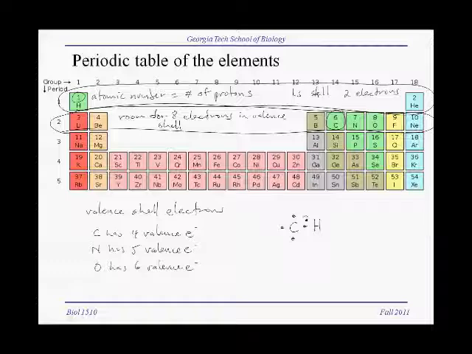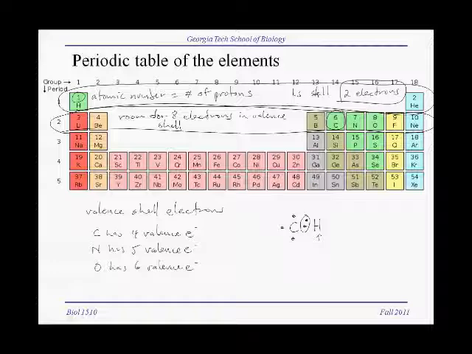Remember, hydrogen has only room for 2 electrons in its valence shell, so it's happy. But carbon now has only 5, and it's not happy. However, it can fill its valence electrons by reacting with more hydrogens.